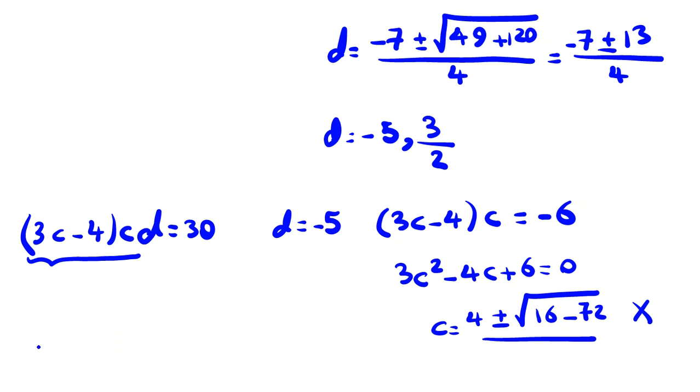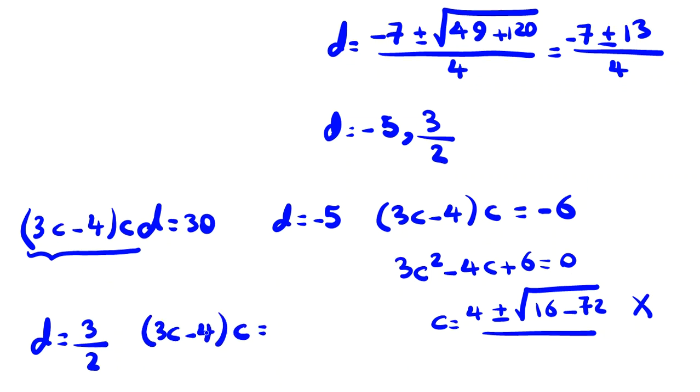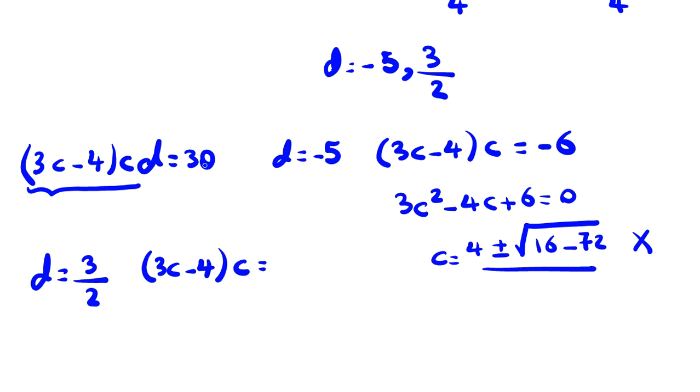So we should consider the case that d equals 3 over 2. If we replace here, 3c minus 4 times c equals 30 over 3 over 2. We multiply both sides by 2 over 3, it will be 20. So let's solve the quadratic for this part: 3c squared minus 4c minus 20 equals 0.